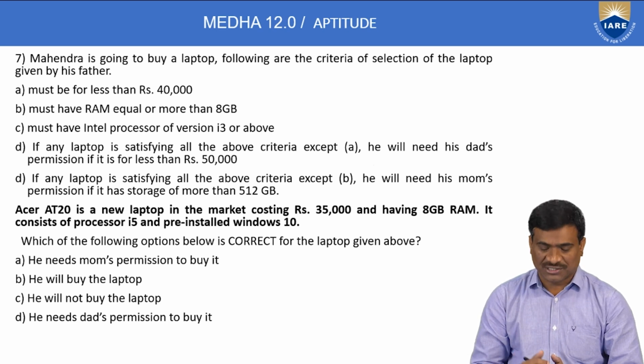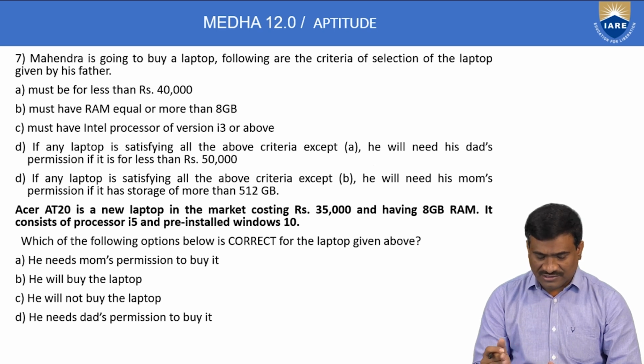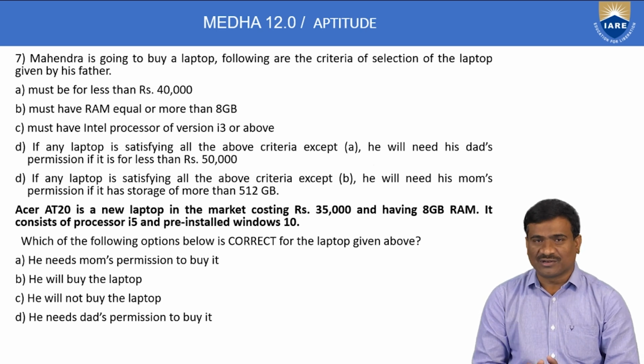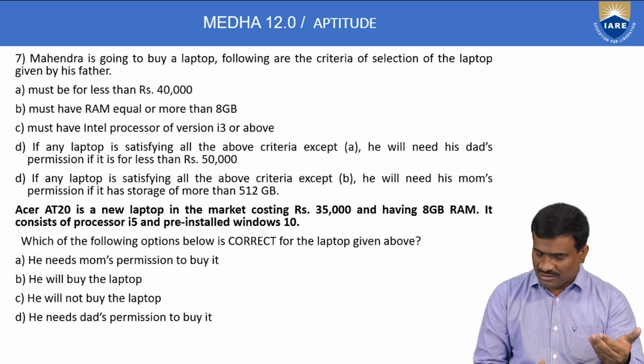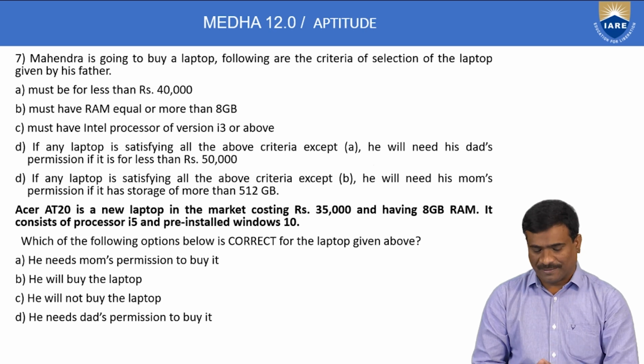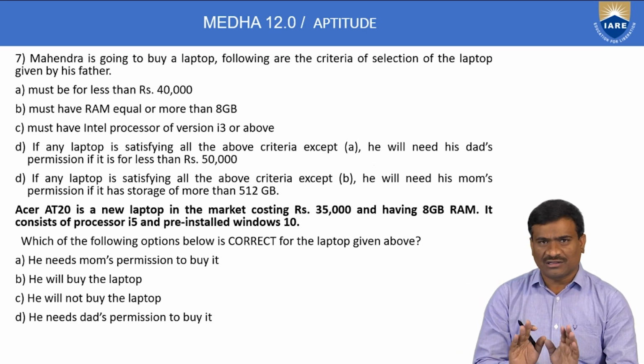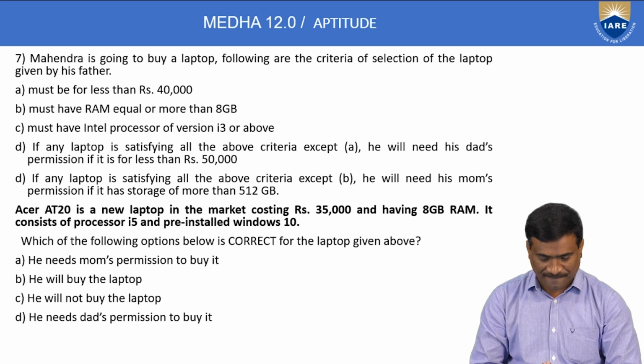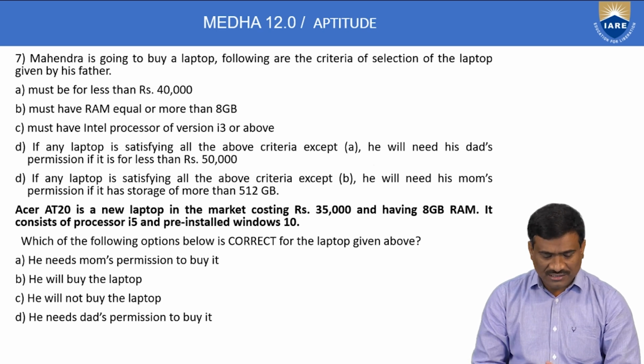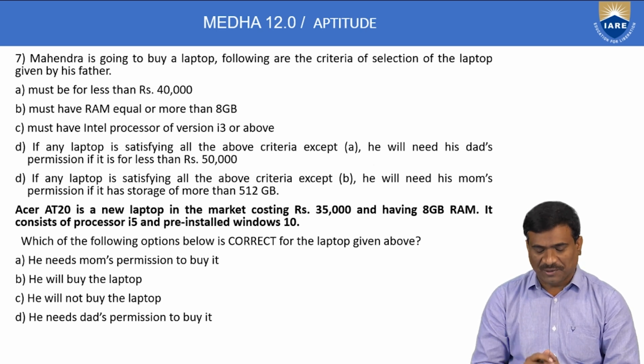Next, exemptions. First exemption: he will need his dad's permission if it is less than 50,000. For under 40,000, permission is not required. But for less than 50,000, the father's permission is compulsory. Next, exemption B: mother's permission is needed for storage more than 512 GB.